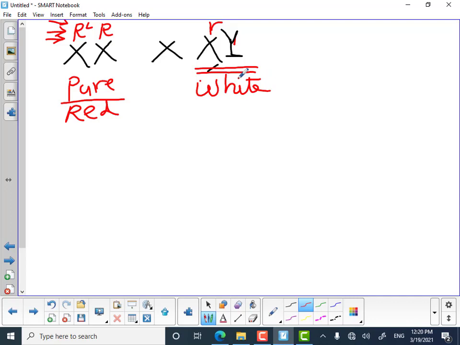For that, the X chromosome carries the recessive character of the white eye. And the Y chromosome, like we said, didn't carry any characters. It's small in size and didn't carry any somatic characters. It's very important to focus on this information, okay?